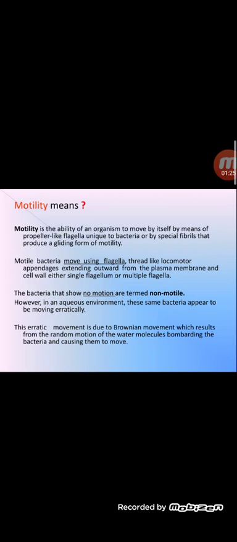These water molecules bombard the bacteria, causing them to move, so we may think they are moving. This will give us a false result. So sometimes non-motile bacteria also show motion, and that is due to Brownian movement.